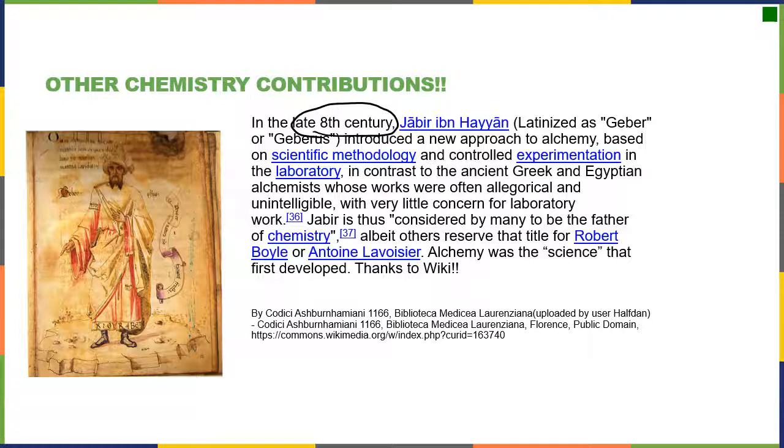I'm not even going to try to pronounce his name, except for we're looking at here, Gerber or Geber, where he looked at how to do chemistry or science in terms of experimentation and laboratory. Now, it was perverted later on in the Middle Ages in Europe, but in fact, science or chemistry here could really be considered to be developed in the Middle East in the 8th century.